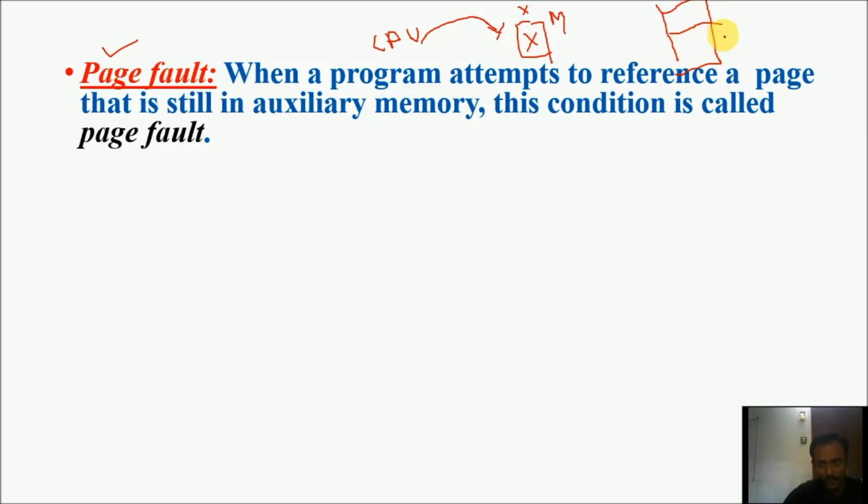Then from the auxiliary memory, that particular page should be brought into the main memory by replacing some existing block. So in the main memory there will be some blocks, but when we bring a new page into the main memory, you have to replace one of the existing blocks in the main memory.